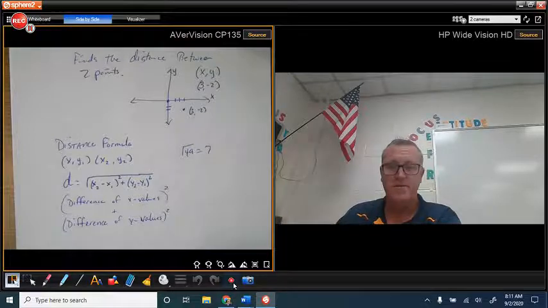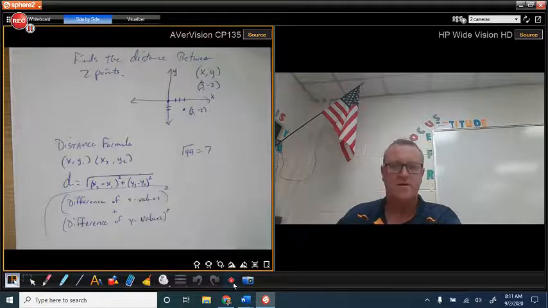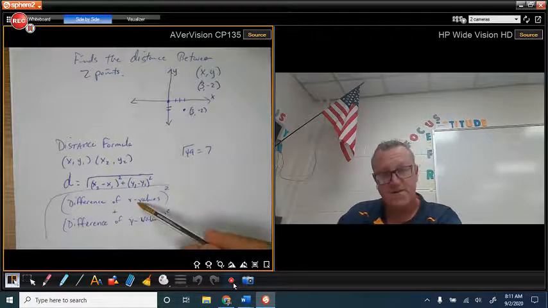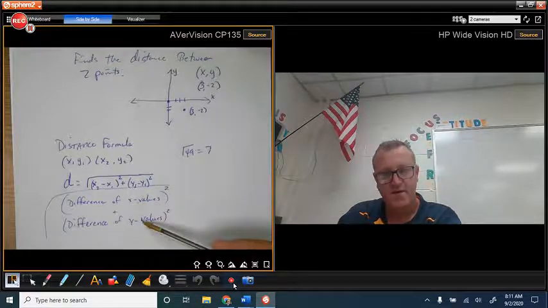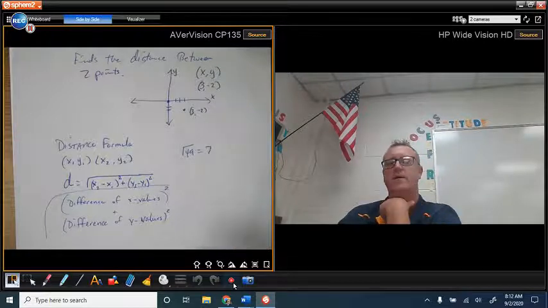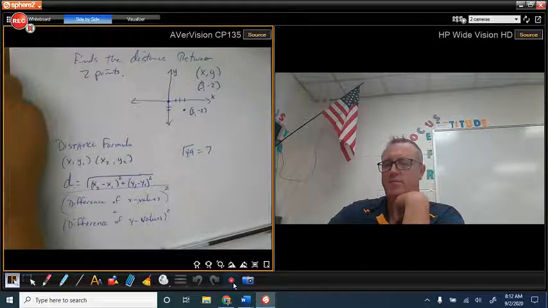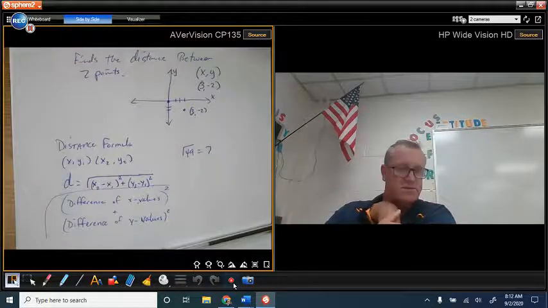Difference means subtraction. Then you take the square root of the entire thing. Difference of x values, square it. Difference of y values, square it. Take the square root. Okay? All right. I'm going to stop this, because that's pretty much the notes.